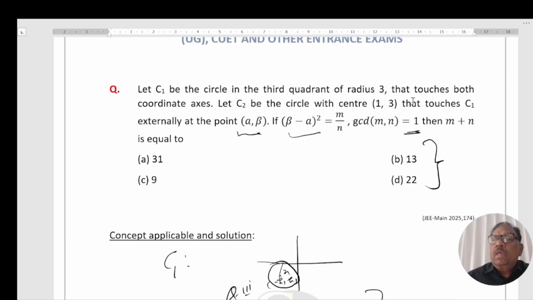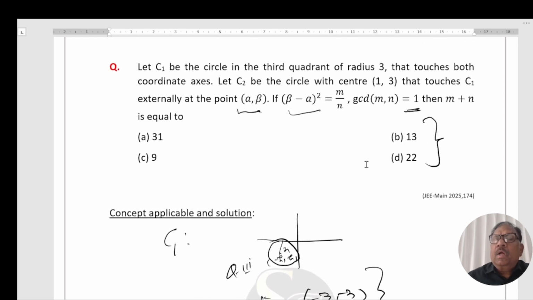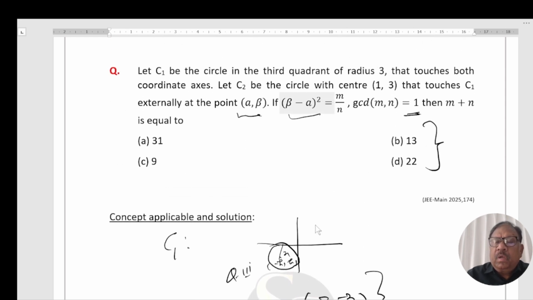Another case: C2 is the circle with center (alpha, beta). C2's center is (1, 3), which lies in this quadrant. It touches C1. This is C1, and C2 touches it like this.